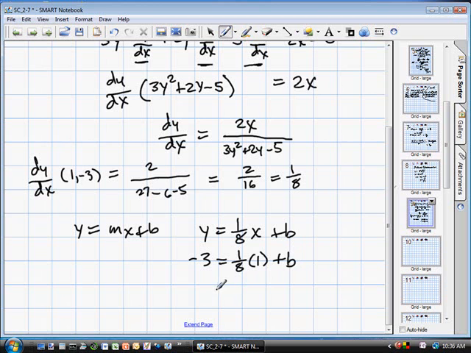Subtract 1/8, so minus 3 and 1/8, or negative 25/8. So equation. So, I mean, most of this is old stuff. This is good news. Implicit differentiation comes in very handy because you can't always solve for y.